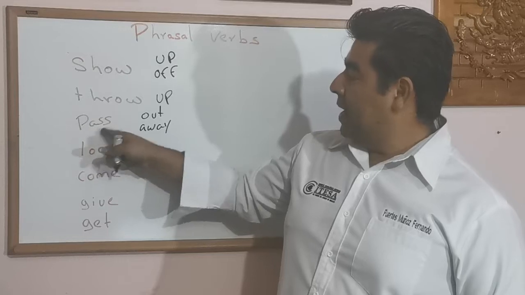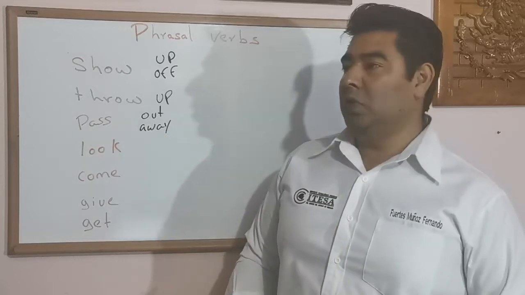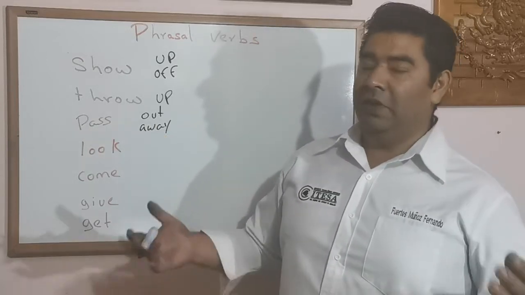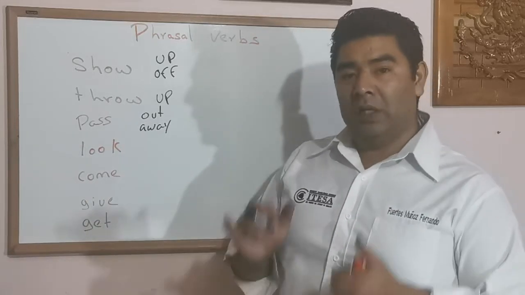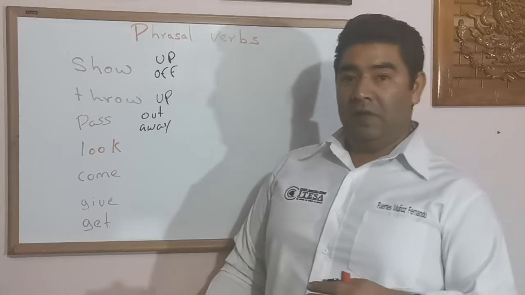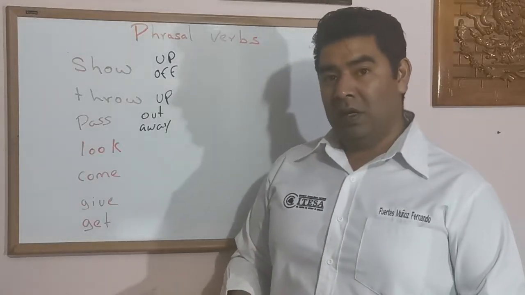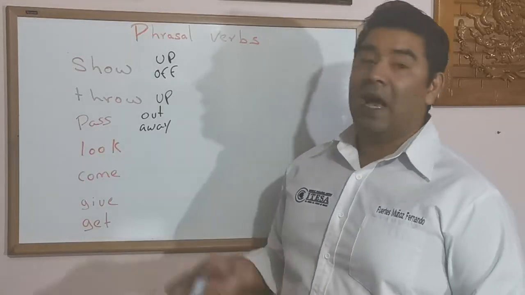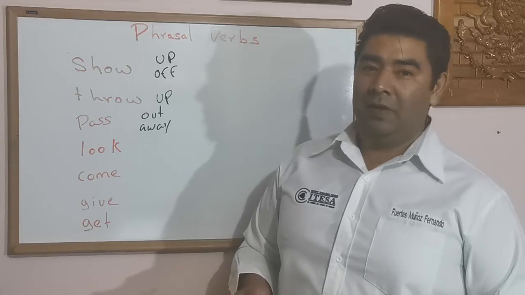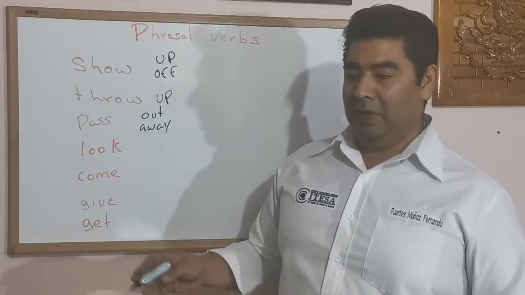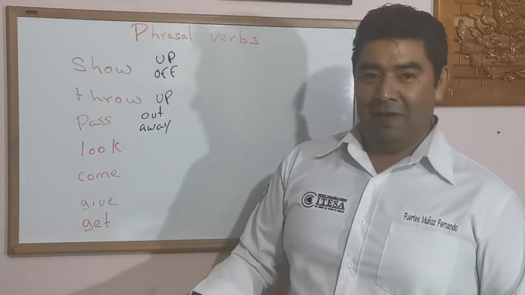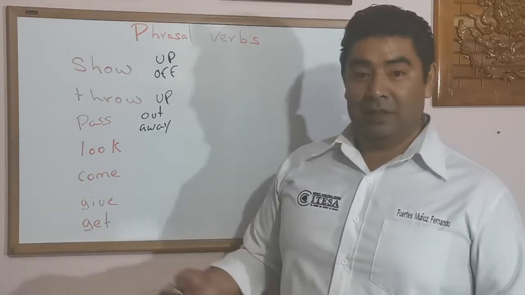So, pass out is very common that young people use it, when they drink a lot, and suddenly they feel dizzy, they feel drunk, and then they pass out, right? They fall asleep, or they just fall over the bed, and that's it.